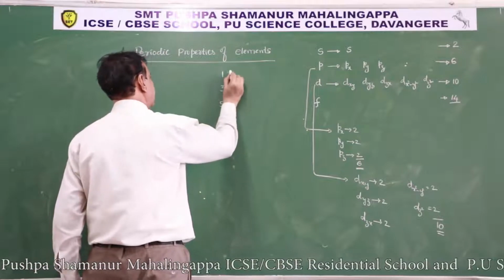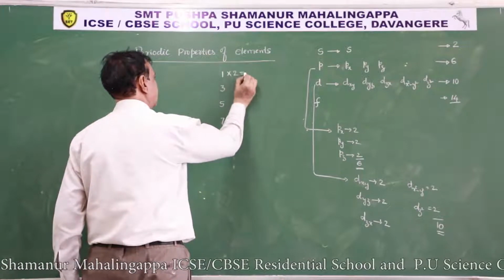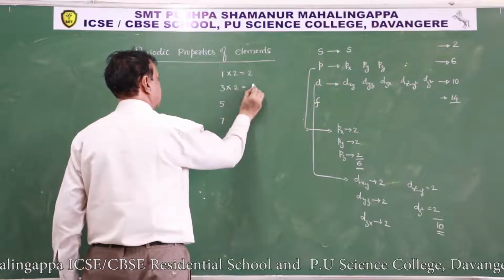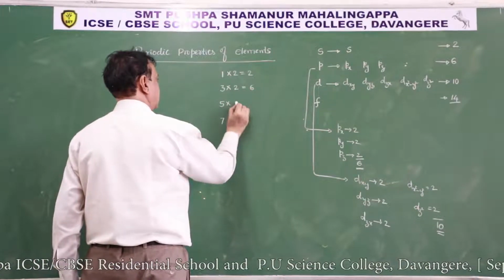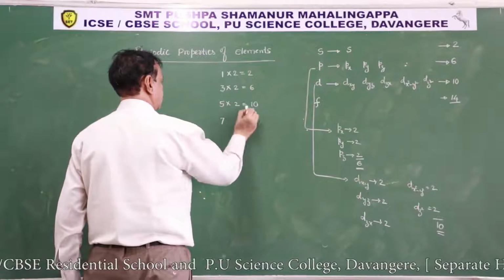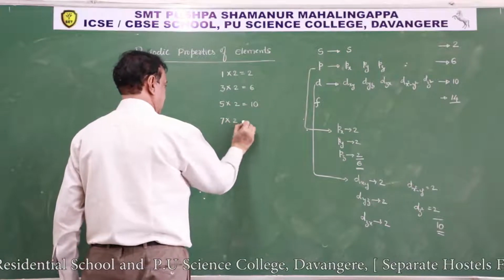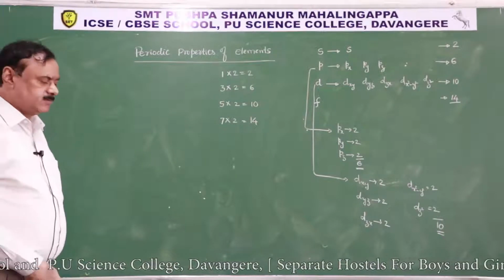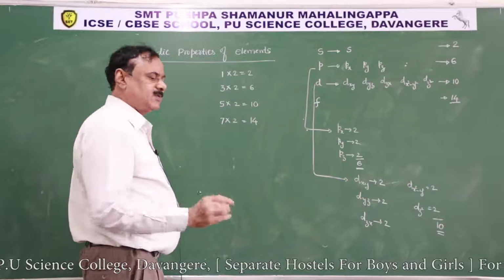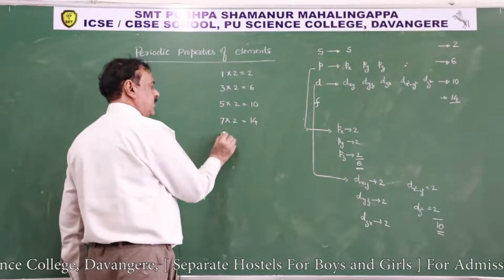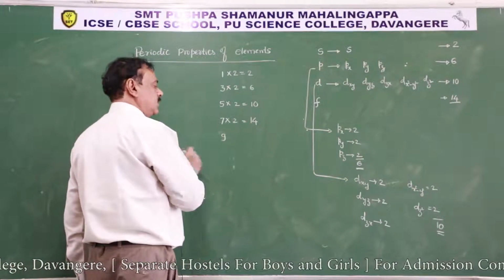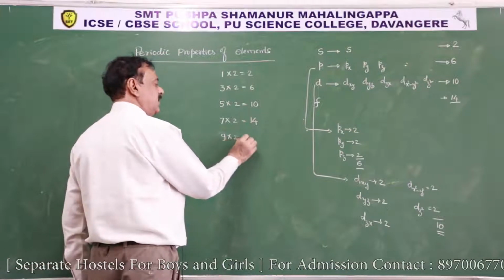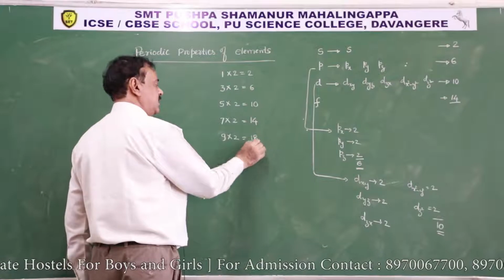Then multiply by the simple even number 2: 1 into 2 is 2, 3 into 2 is 6, 5 into 2 is 10 and 7 into 2 is 14. In future we have G atomic orbitals also, a future form of the modern periodic table, in which we can place 18 electrons.